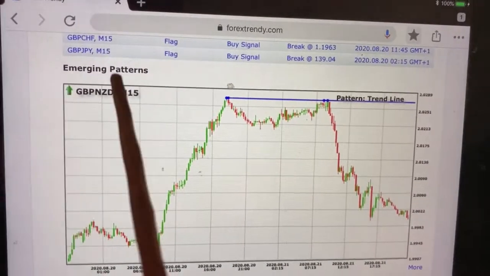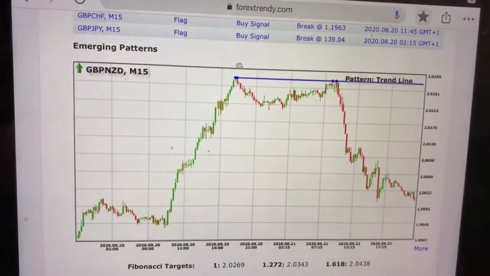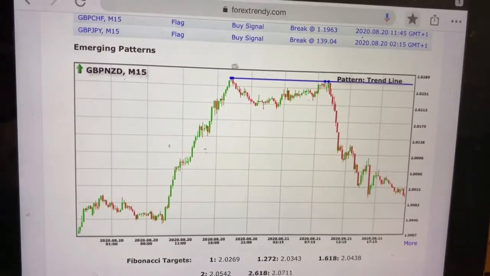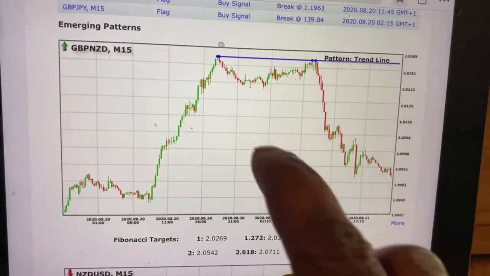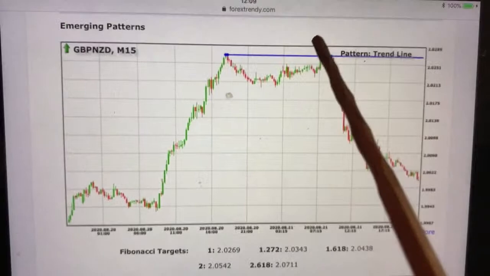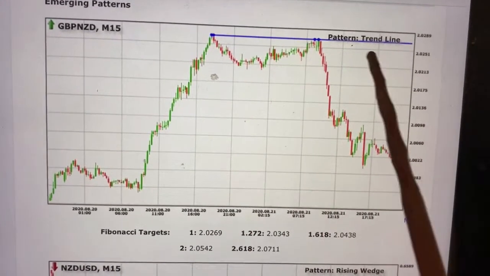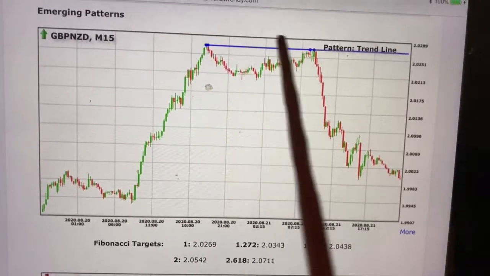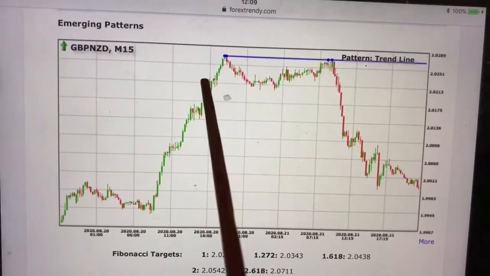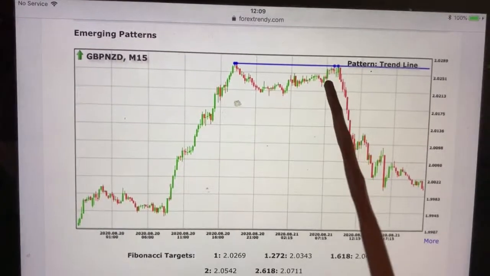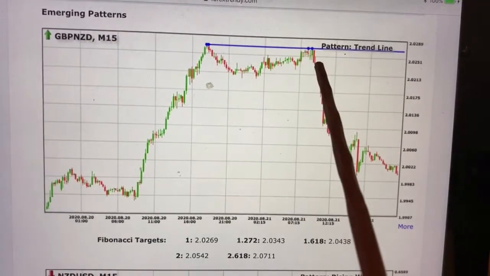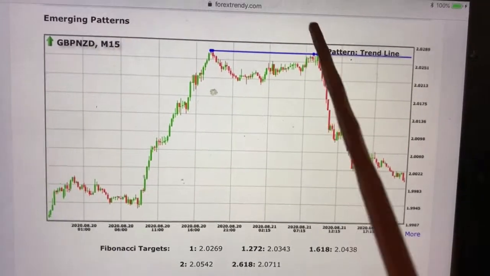Okay, emerging pattern. What I want to say with this strategy is, when you see the price touching the blue line that the Forex Trendy helps you draw, and it is touching from the top, what would be at the back of your mind is that it could be going down to touch the bottom line.